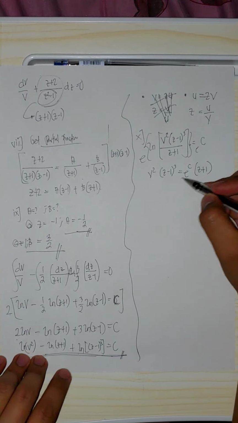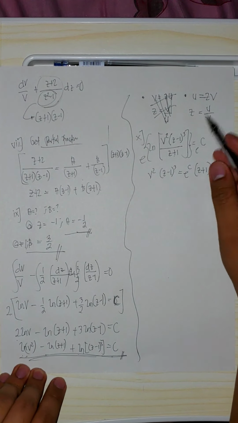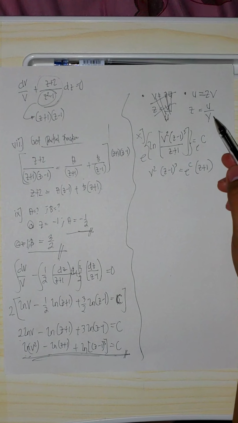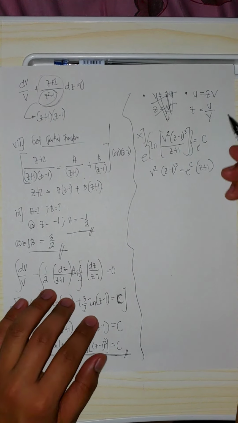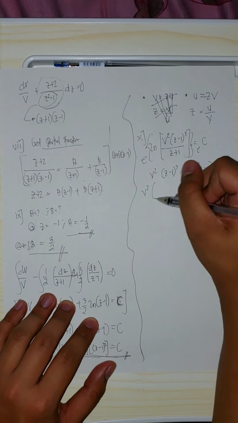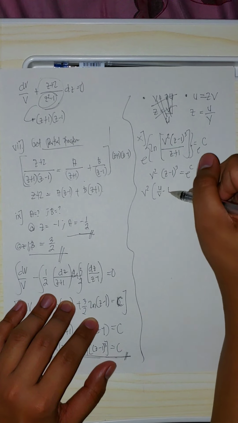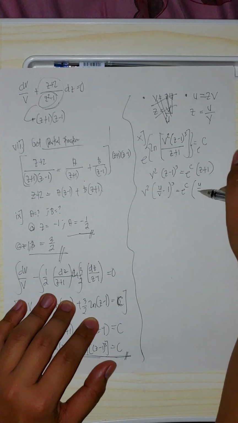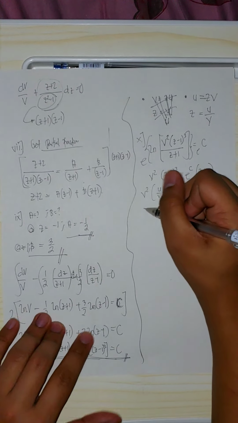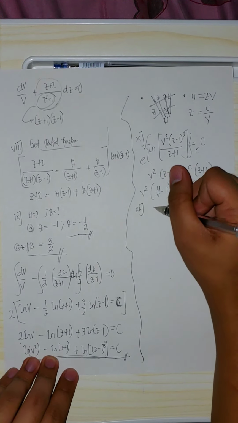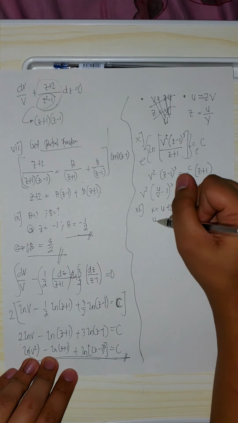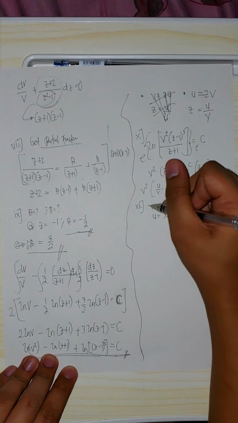Substituting z, z minus 1, we have u over v. So we have v squared times u over v minus 1 cube is equal to e to the c times u over v plus 1. If you remember, x is equal to u plus 2, so u is equal to x minus 2.